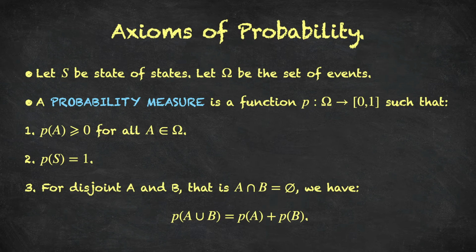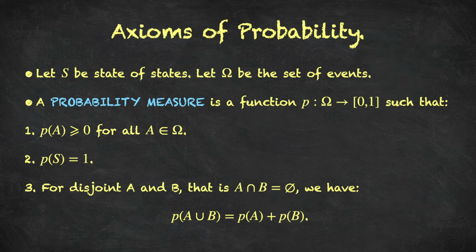Okay, that's the first idea. Probability measures are functions. We plug events into the function and out pops a number. And these functions, these probability measures, must satisfy 3 rules in order to be called probability measures.